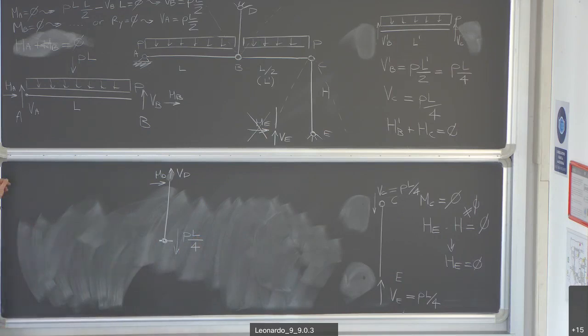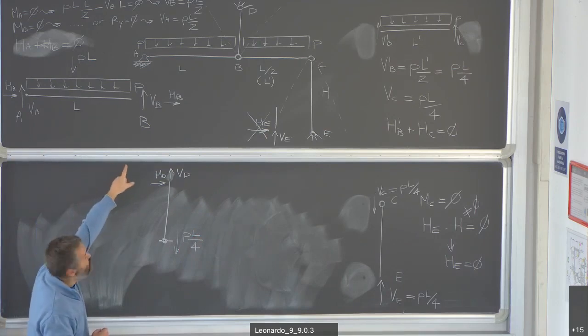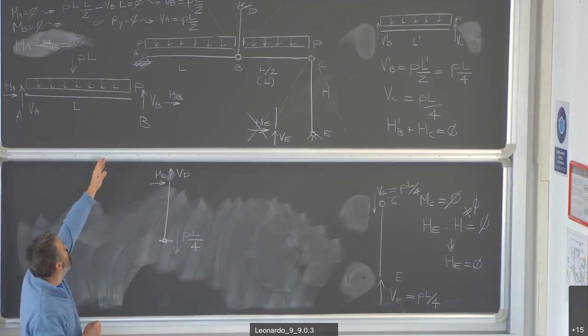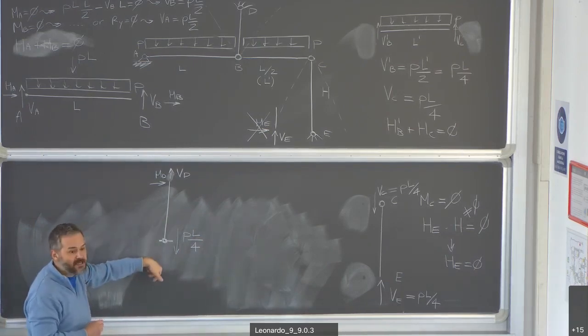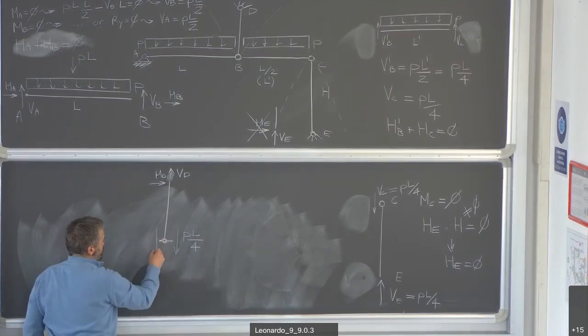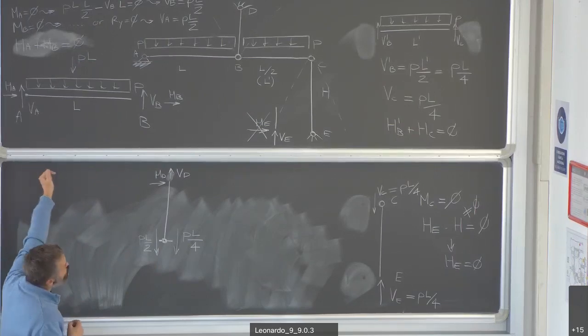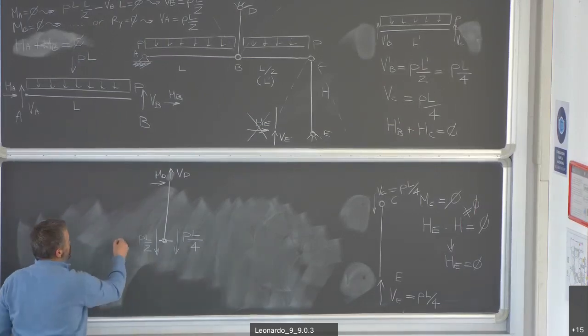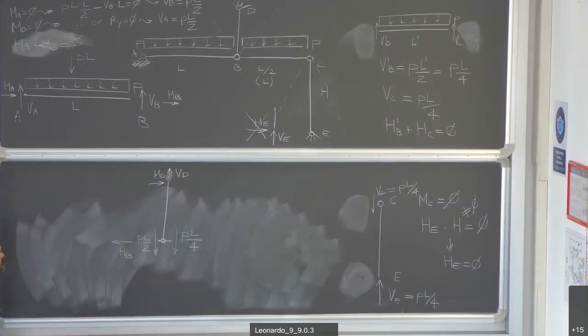On the left, what do we have coming from beam AB? VB, which points upwards on the beam, its value is positive, PL divided by 2. Therefore, here it acts downwards. PL divided by 2. And then what do we have? HB. On the beam, it goes to the right, which means from the principle of action and reaction, here I have to point it to the left.